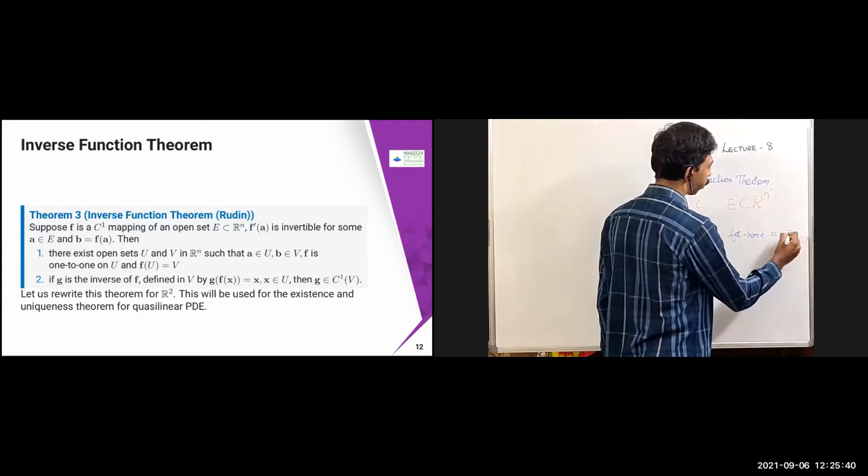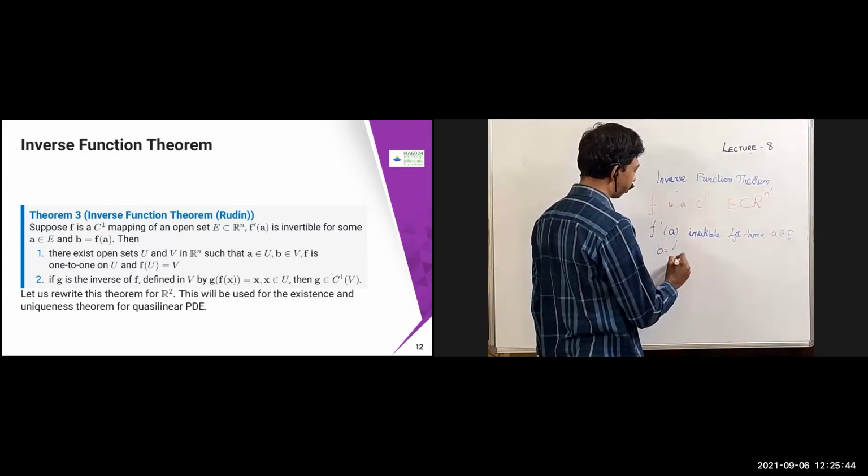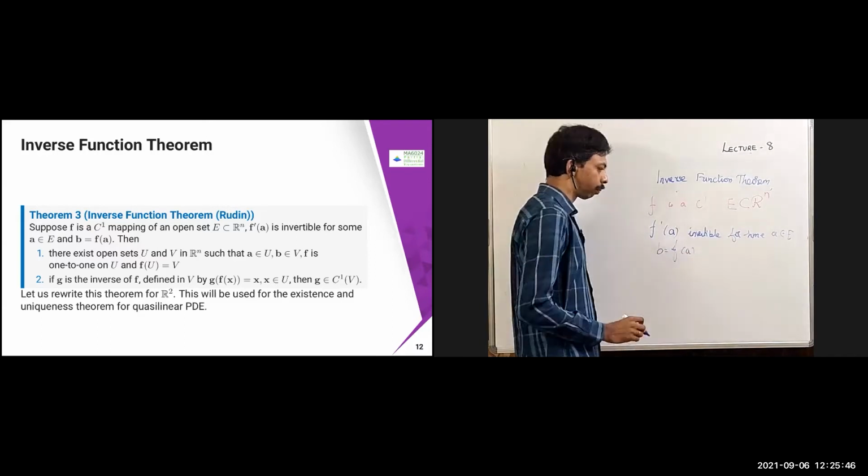It is invertible for some A in E, and it is given that B equals F of A. So these are all given.